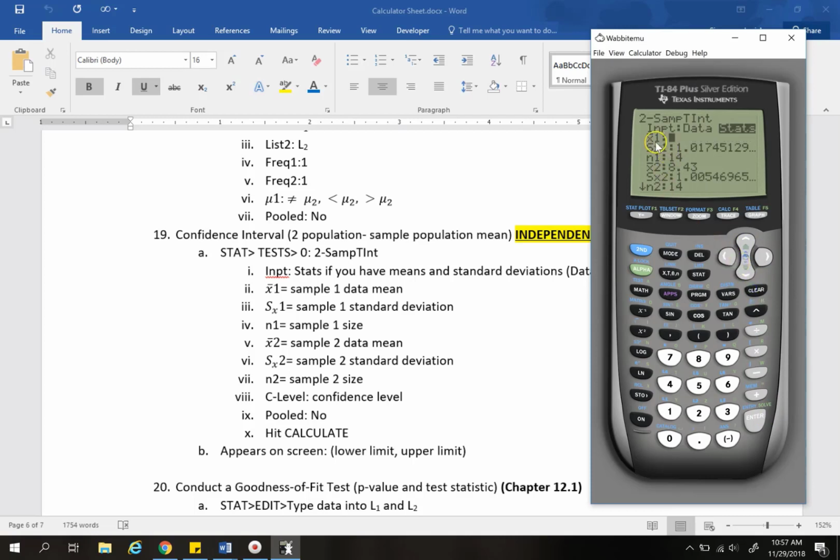We have group 1 data needs to go with x bar 1 and s of x and n sub 1. So what's our mean for group 1? Our mean was 20.2. Standard deviation was 11.2. And we had 43.